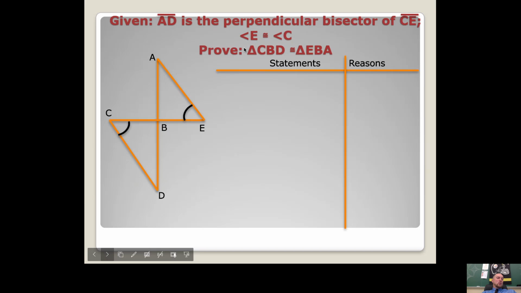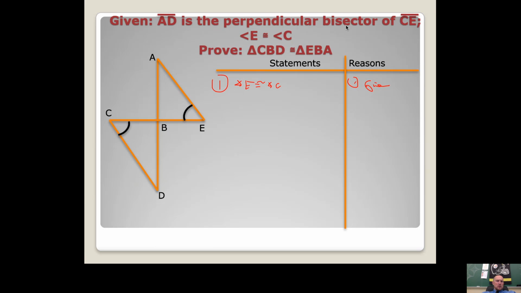Here are two triangles. We want to prove that they're congruent, and they give you some information that you can use. The first thing I notice in the picture, angle E is congruent to angle C. That's a pair of congruent parts. I'm allowed to use that. We know that's true.